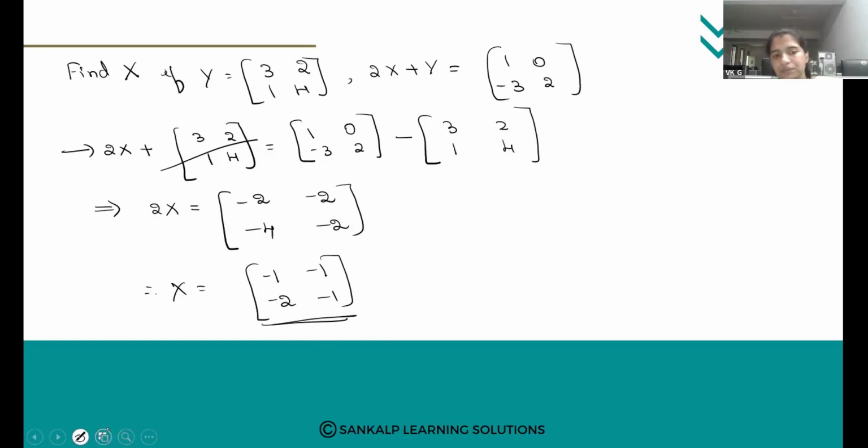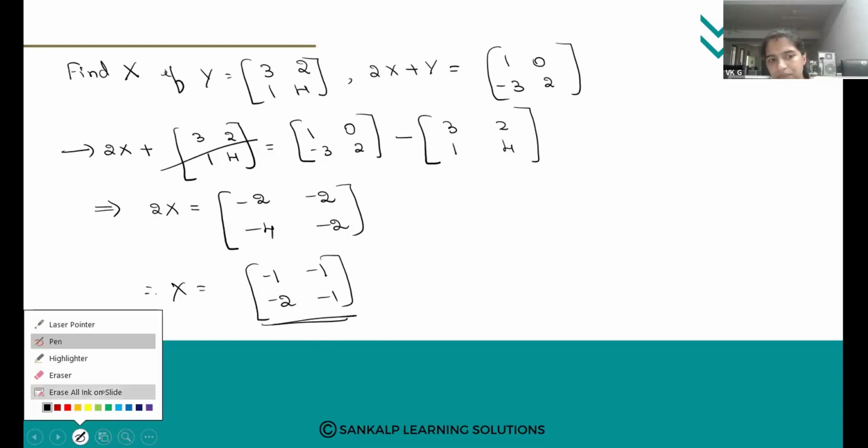Next. If x into matrix 2, 3 plus y into matrix minus 1, 1 is equal to matrix 10, 5, find x and y. Two matrices are equal implies corresponding entries are equal.